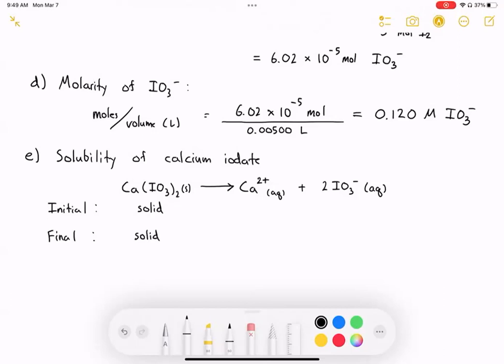But in calcium ion, we'll have 0, and for iodate, it'll be 0. But we have to take into account the coefficients in front of the calcium and the iodate, because for every mole of calcium iodate, we have 1 mole of calcium 2 plus and 2 moles of iodate minus. So our change here will be X because it's 1 and 2X for iodate. Okay.